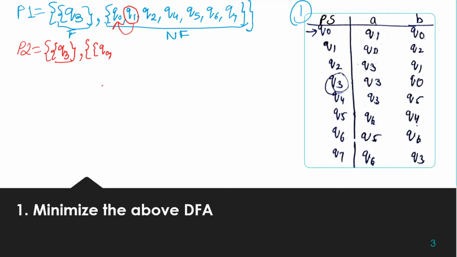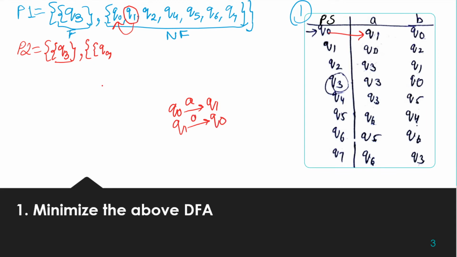Repeating the same process, we check the transitions of the input symbols from both states. Considering Q0, for input symbol A we move to state Q1, and from Q1 for input symbol A we move to state Q0.